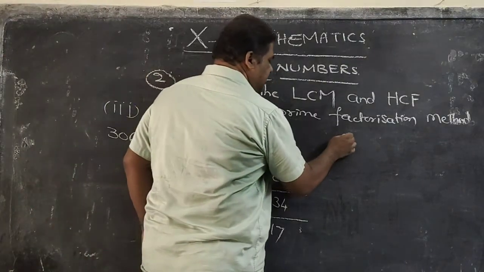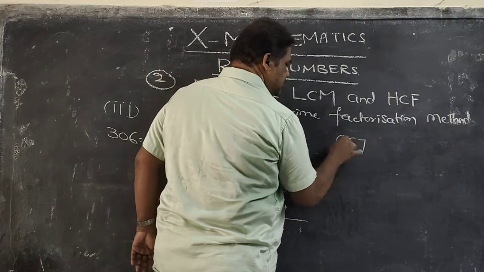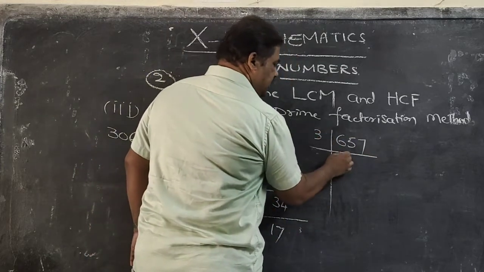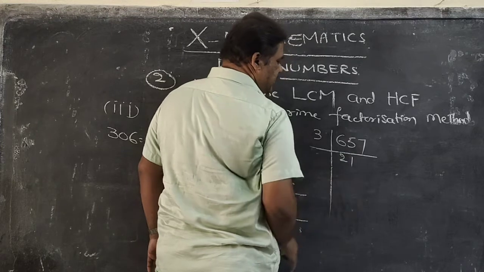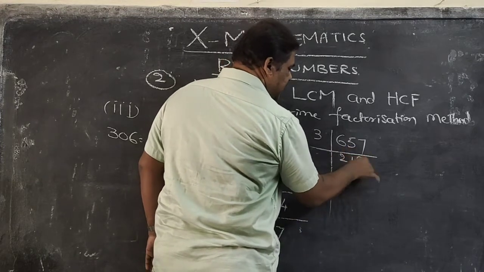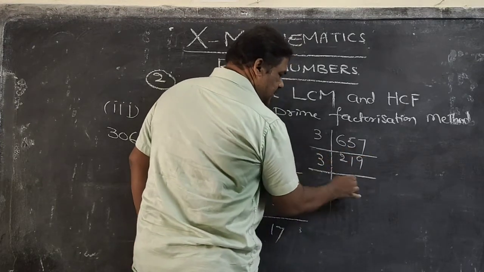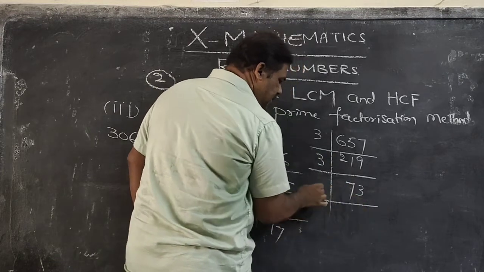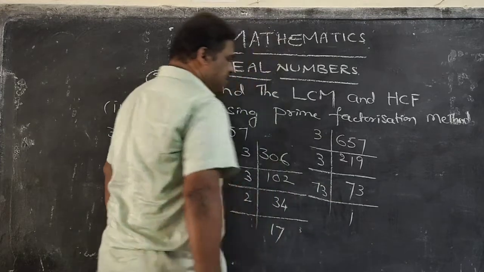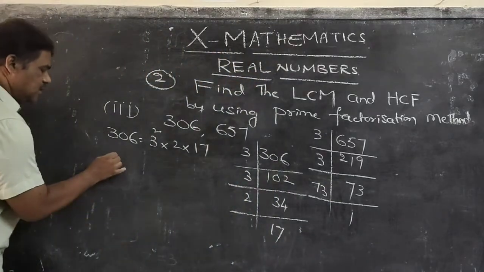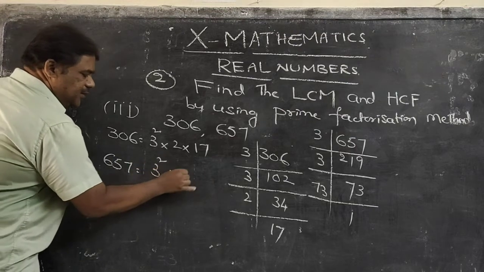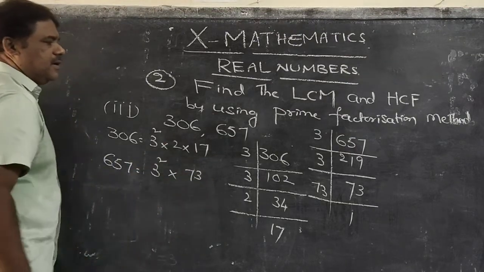Now 657 factors. 73 is a prime number, it has no factors. So 657 factors are 3 square into 73.